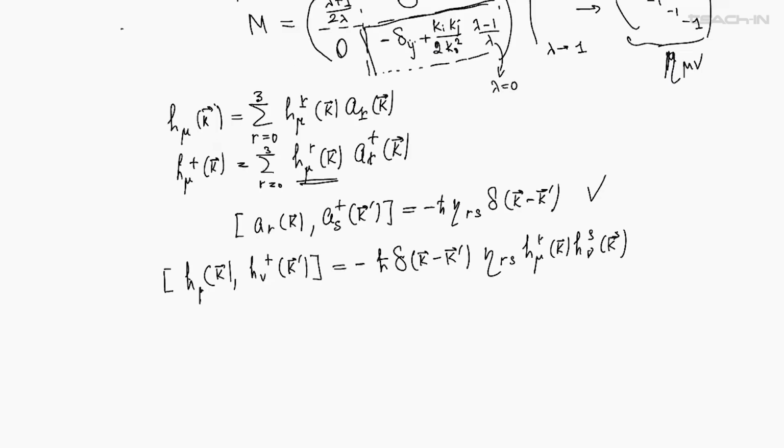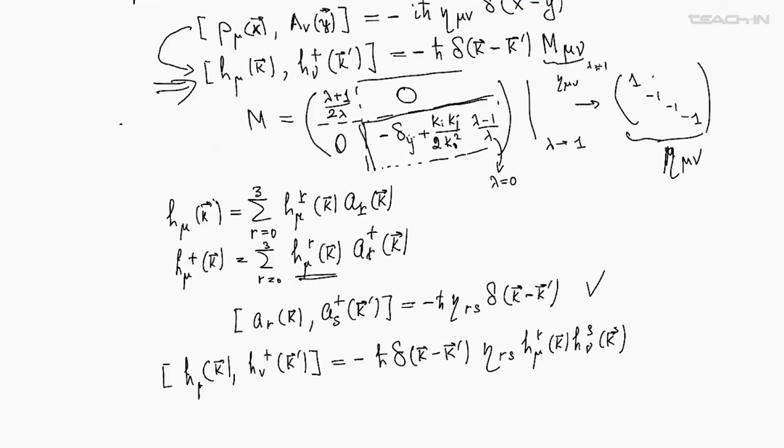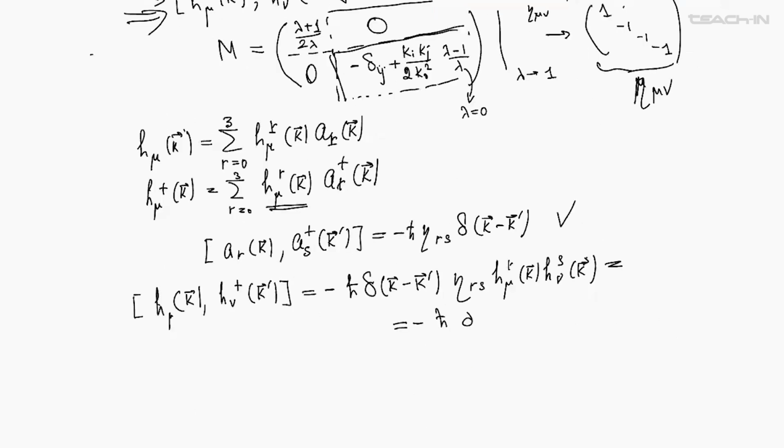For oscillators, you postulate the standard covariant commutation relations, and then you come back and use this formula here. And so, therefore, this must be equal to minus h bar delta of k minus k prime M mu nu.